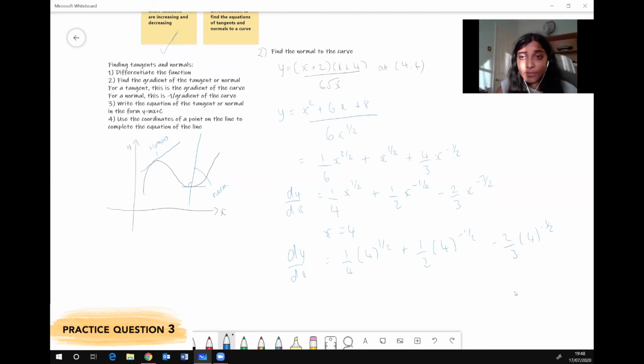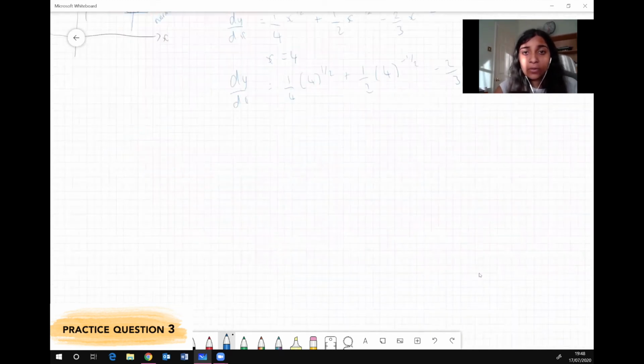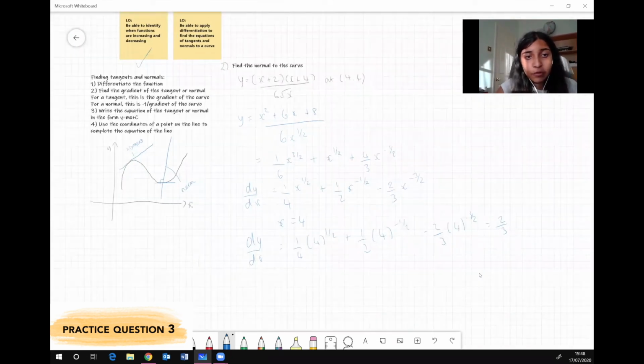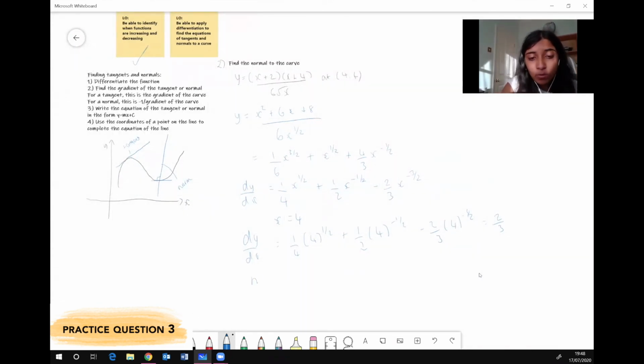If we plug this in our calculator, we get 2 over 3. Now the gradient of the normal would be minus 1 divided by 2 over 3, which is the same as minus 3 over 2.